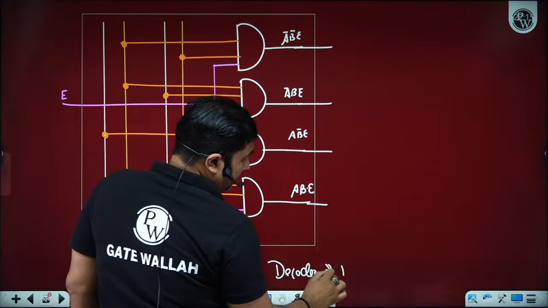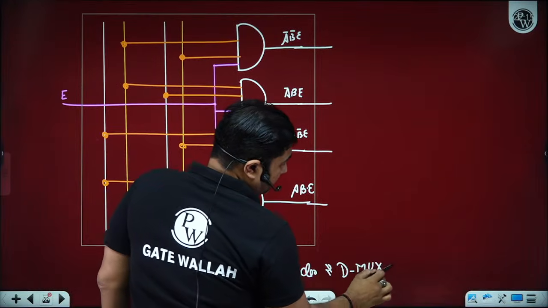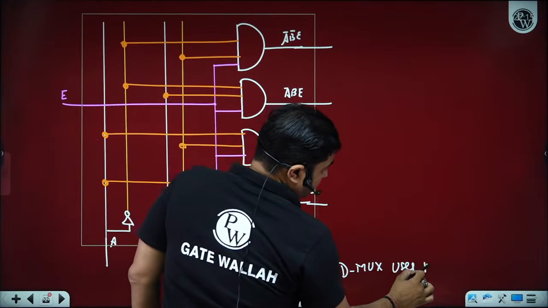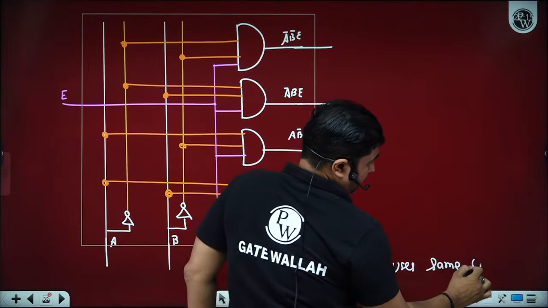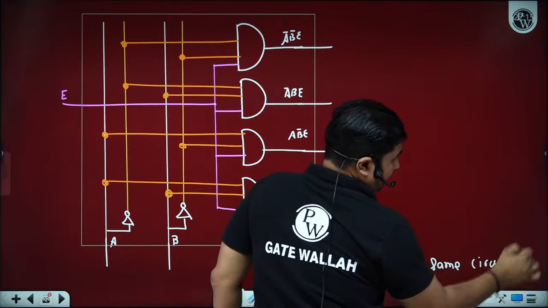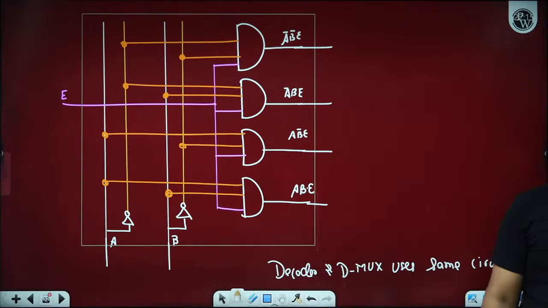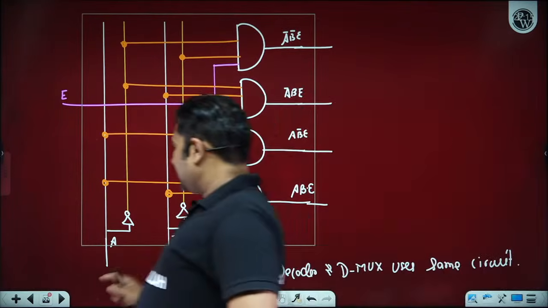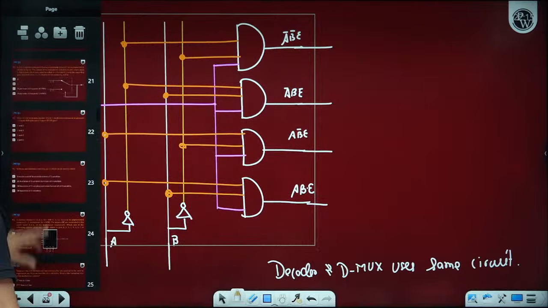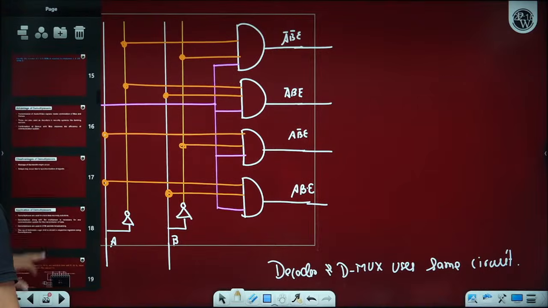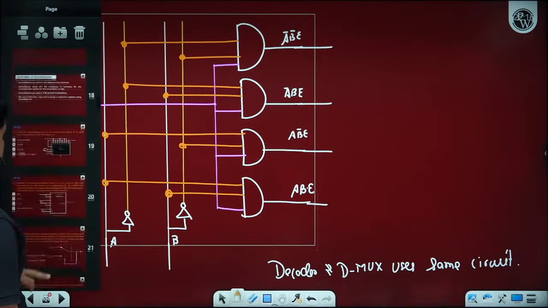The decoder and demux use the same circuit. Beta ji, please let me know by writing in the comment section. The same circuit we have observed for the 1 cross 4 demux as well. Is it okay? How many of you are able to understand?